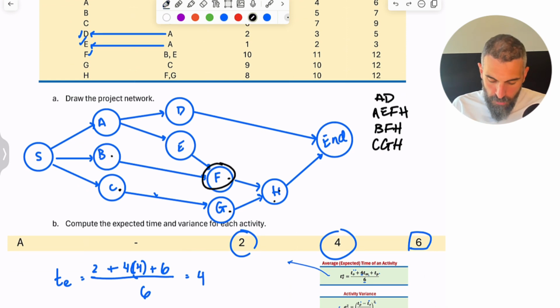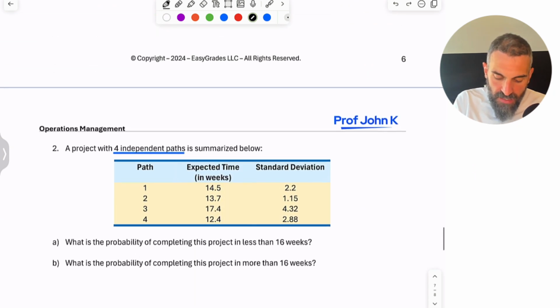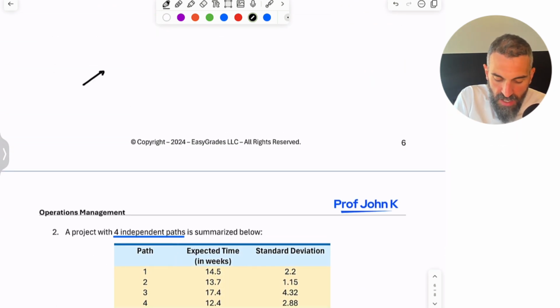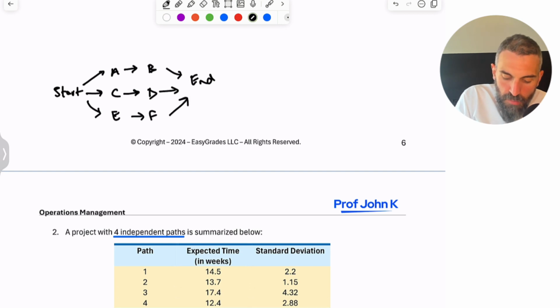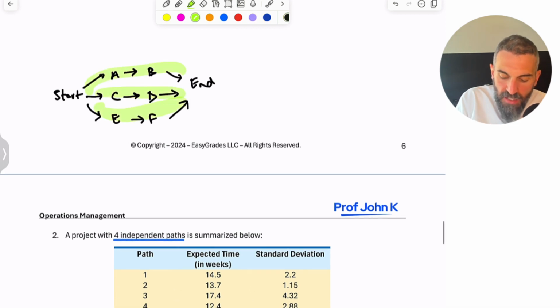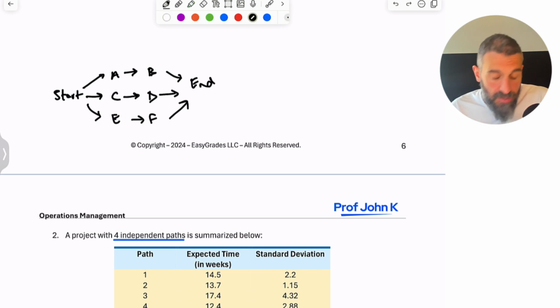An independent project would be, imagine a project that looked like this. A goes to B, and that goes to the end. And then separate to that, you have C going to D. And then separate from that, you have E going to F, right? Where every path is completely independent of the other. That's what we mean by independent paths.